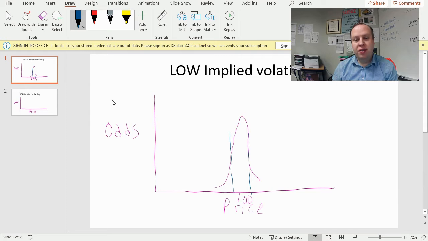So if I have an implied volatility of, say, 10%, we're expecting in the future the price to go between $10 less than 100, or $90 a share, or $10 more at $110 a share. And there's a very good chance, about 68%, that the stock will be within that range in the year.